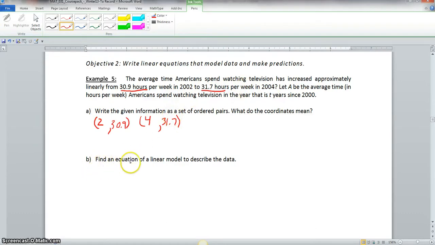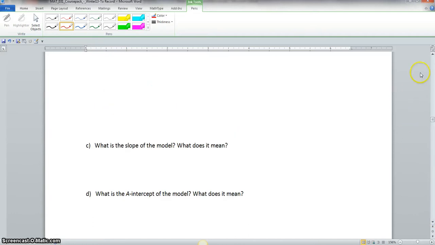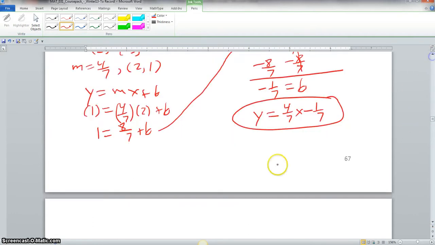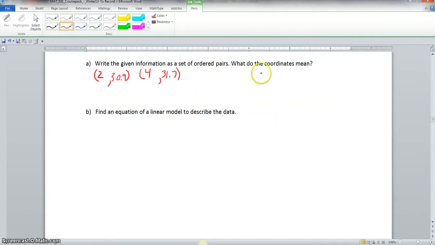Okay, now it says find an equation of a linear model to describe the data. So what we could do first here, we need to find the slope. Because of lack of space, I am going to use this area here to find the slope.